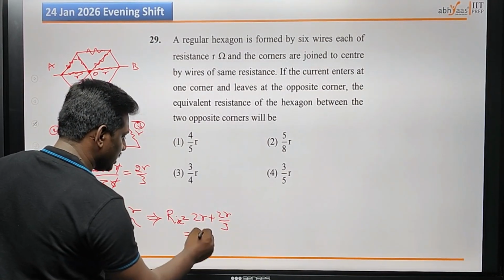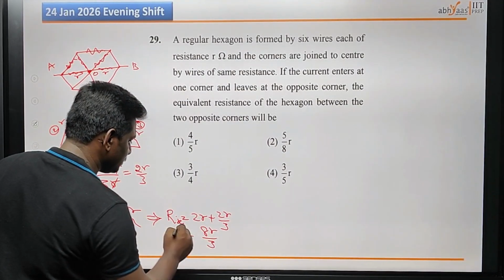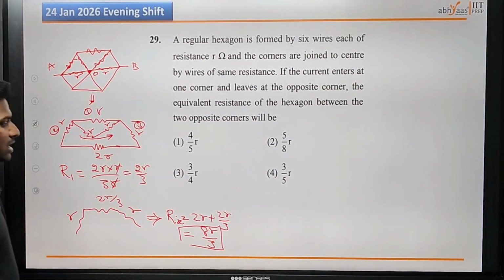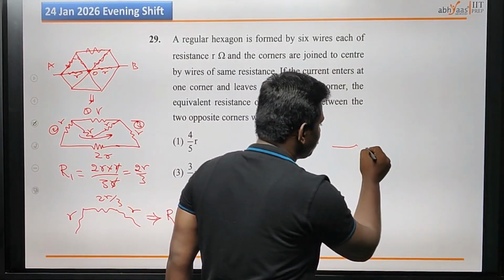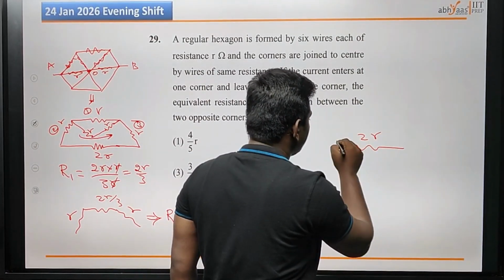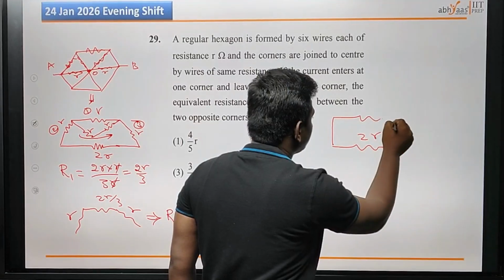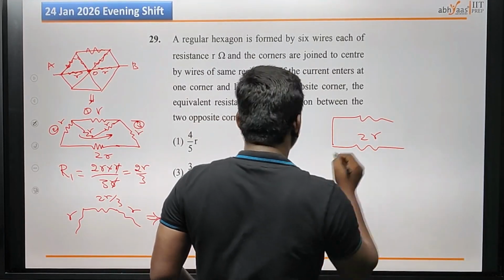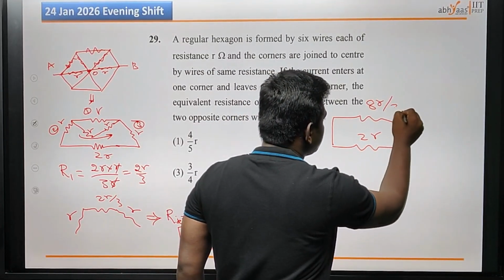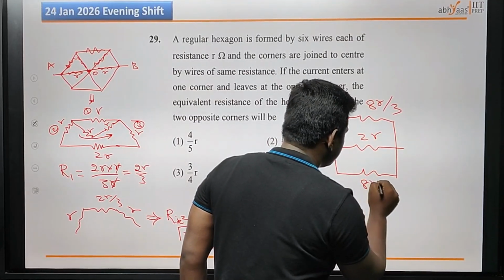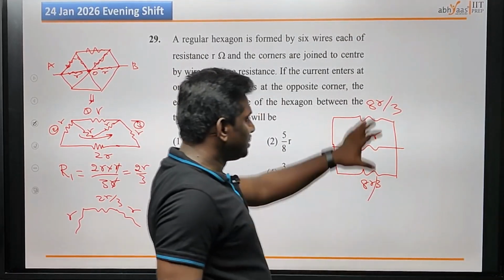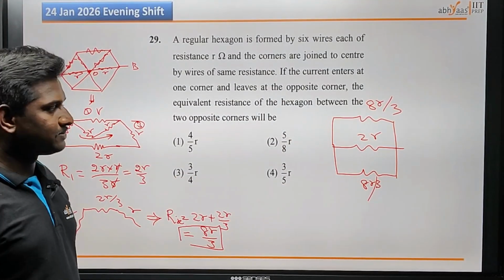So 8R by 3. 8R by 3, I am writing here. So this is our middle arm, that is 2R. One more upper one is there, that is 8R by 3. Below one is also 8R by 3. These three are parallel to each other.